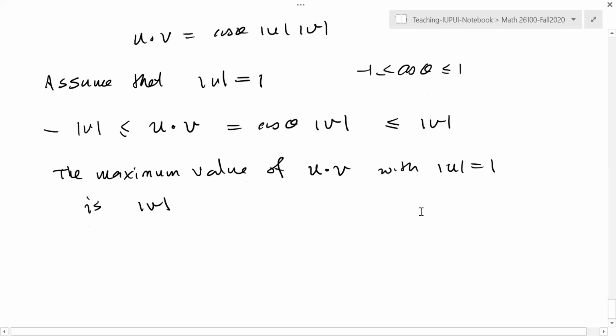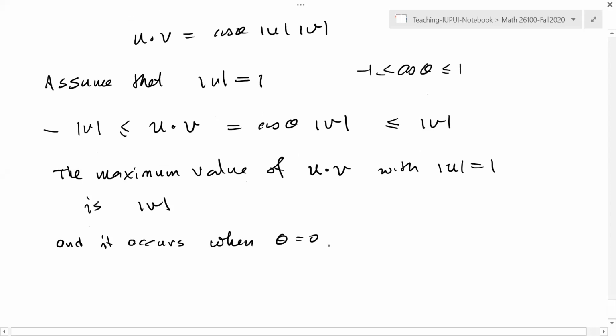And it occurs when cosine theta equals 1, the maximum value, and it occurs when theta equals 0, right?